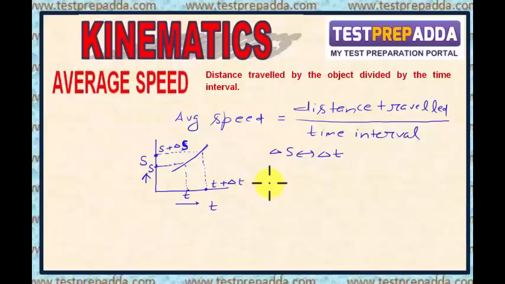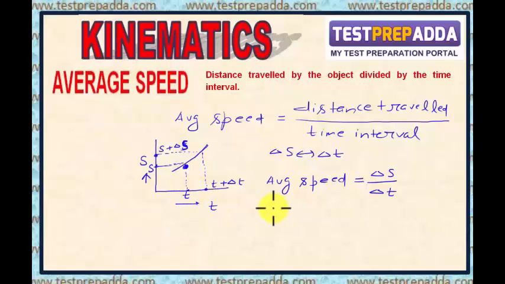So how will you write average speed? Average speed here will be written as delta S upon delta t. Got it? Now, if we want to get speed at any particular instant of time, then the time interval should be 0.